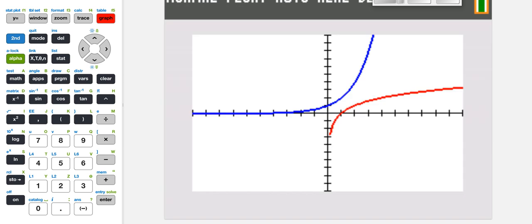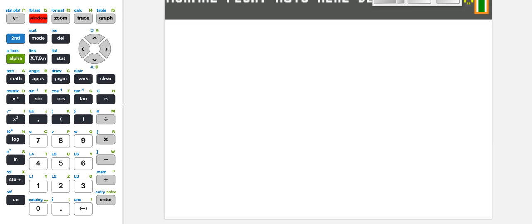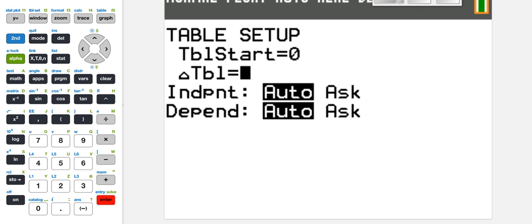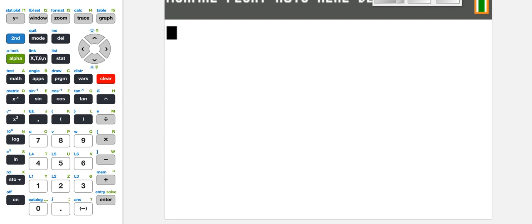In the second window, you can change the value to 0.5. You don't have to do this because once you do that, the table of values would be in increments of 0.5, which may be annoying sometimes, but anyway, I want to show you this. So clear, go to second graph, table of values.